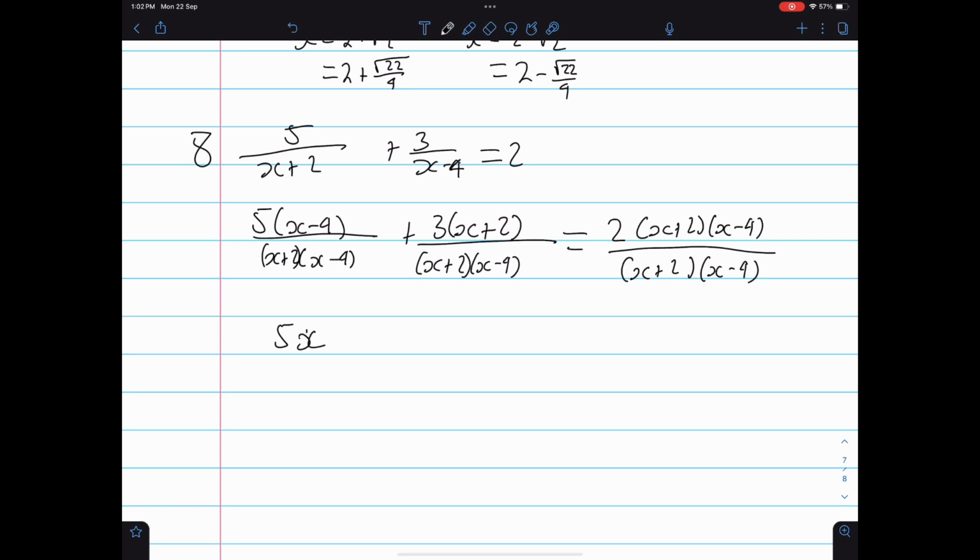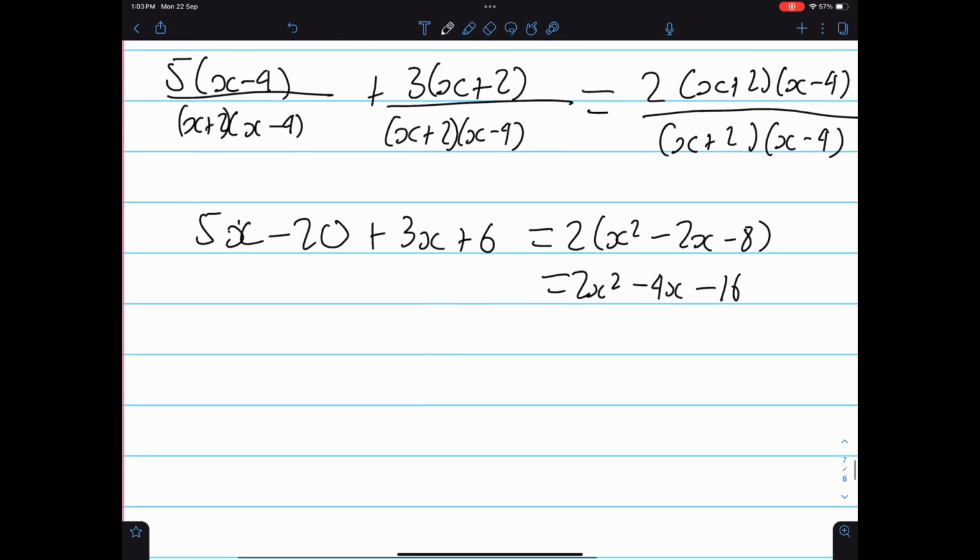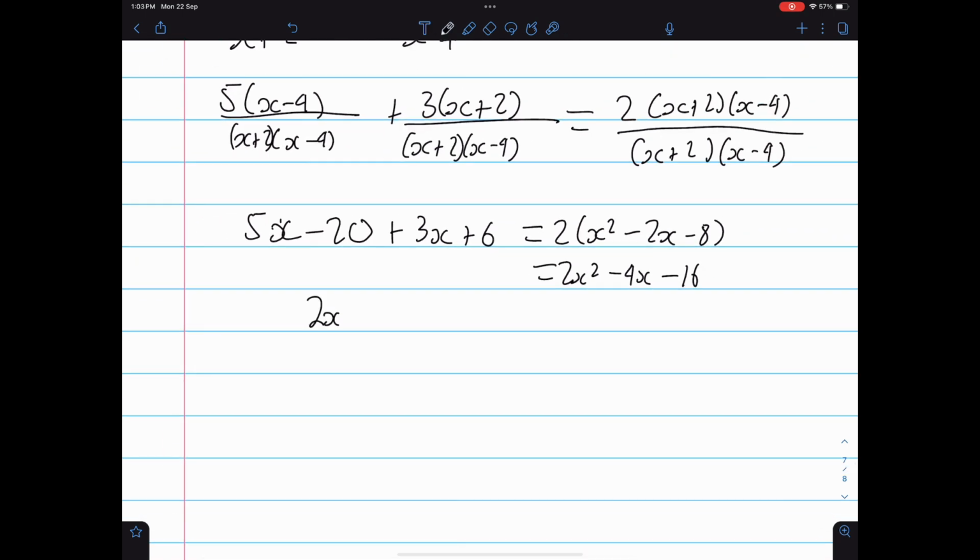And then I'll expand this as we go along. Right, and now we'll move everything to one side. And now we must complete the square.